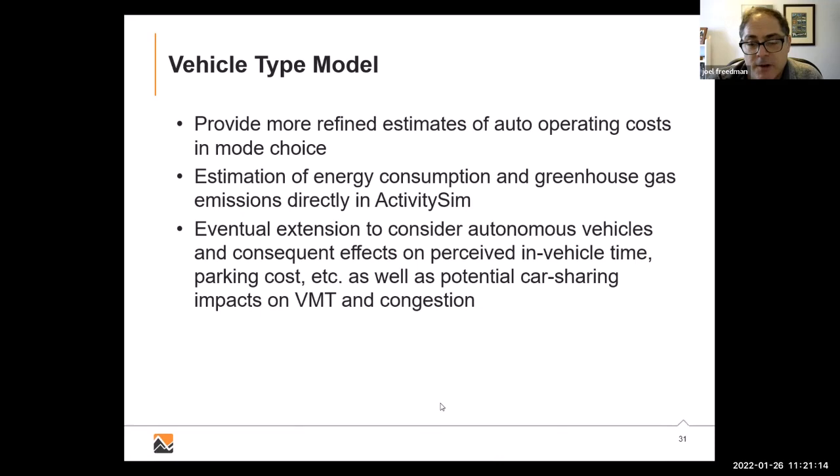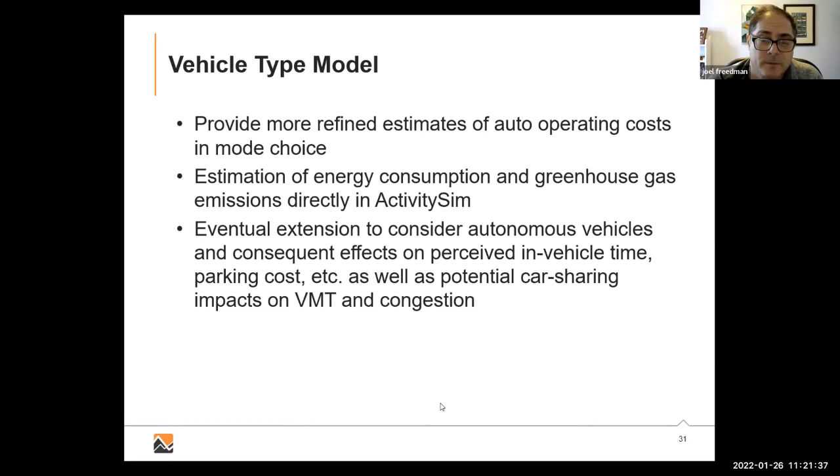And in case anyone hasn't said it yet, if anyone in this meeting is considering developing an activity-based model, I hope they would consider ActivitySim and contributing back to the framework, so the broader planning community can benefit from those enhancements.